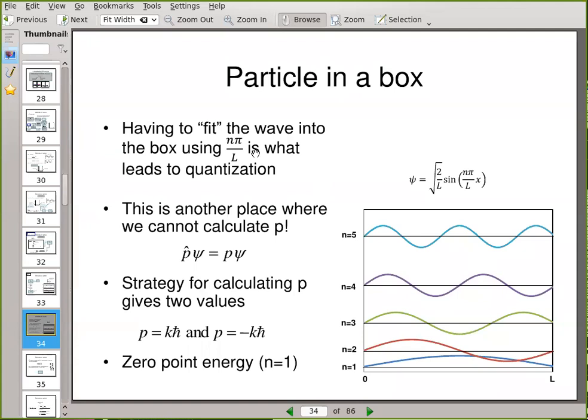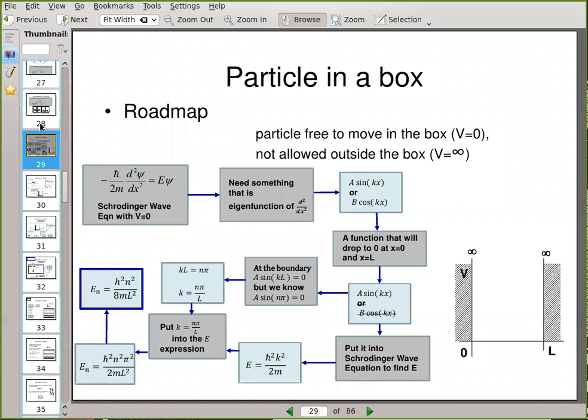Okay, so that is solving for a particle in a box. We're going to use that in a moment, but I want to go back to the roadmap. Sorry, I think I missed a squared on the Schrodinger wave equation. Please check that I've got that correct. We need something that's the eigenfunction of d2 by dx squared, and sine is the only thing that works.